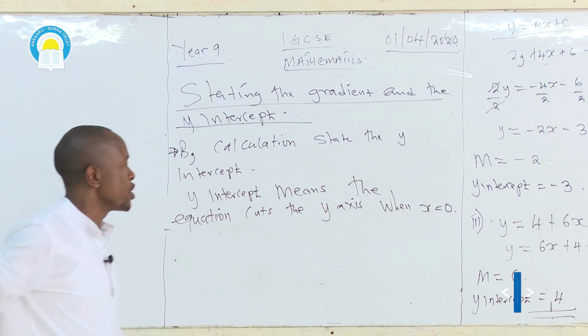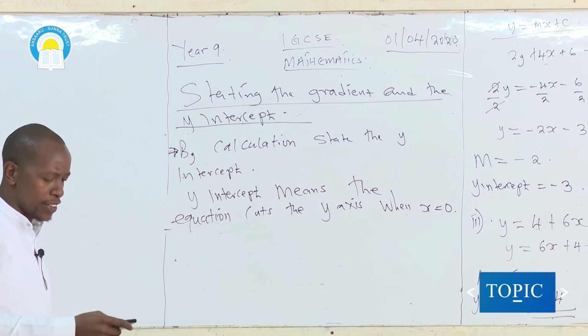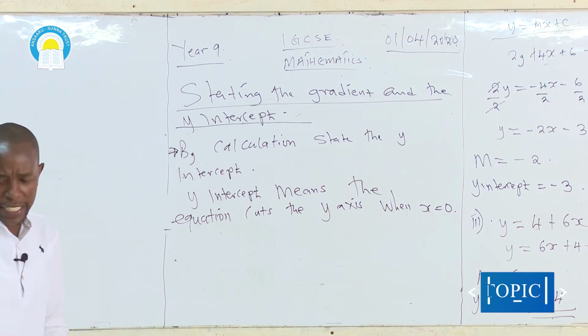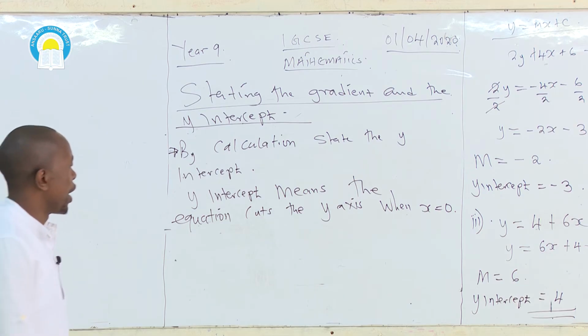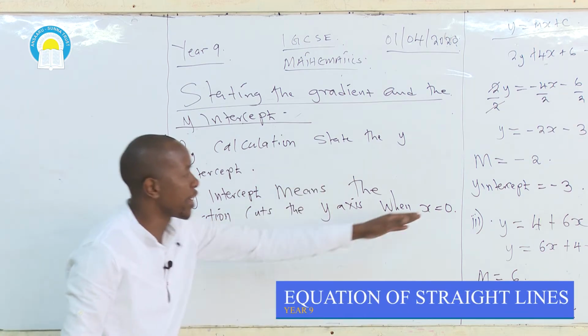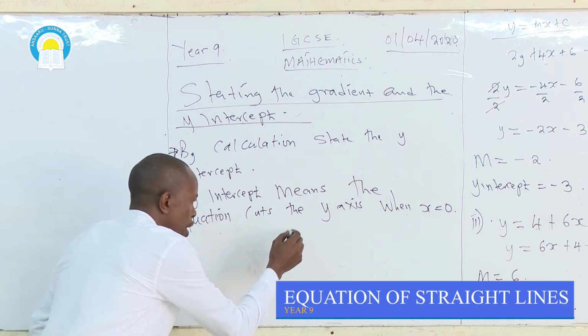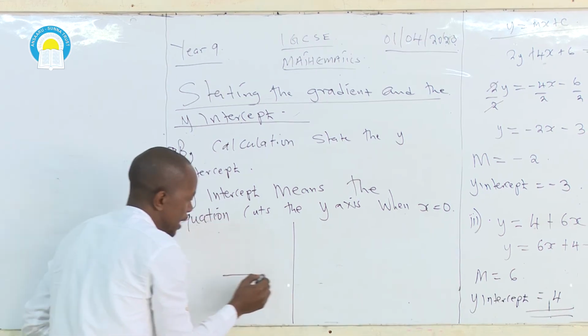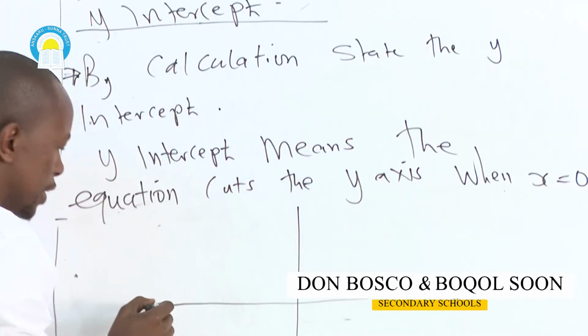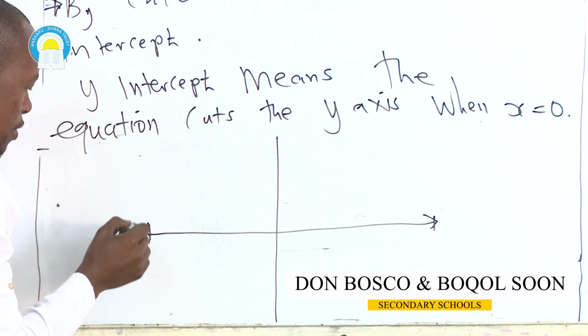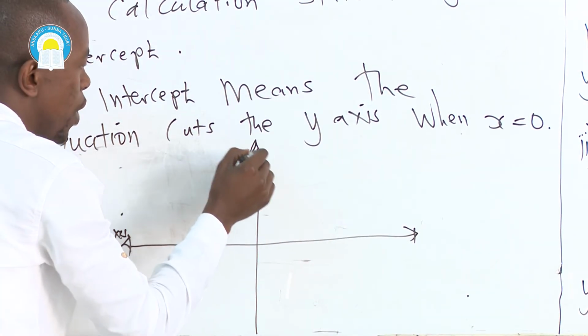Meaning, at that point where it cuts the y-axis, x is equal to 0. If I use my Cartesian plane here, this is the x-axis and this is the y-axis.